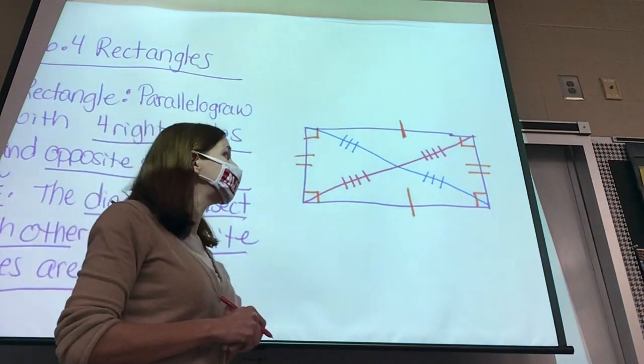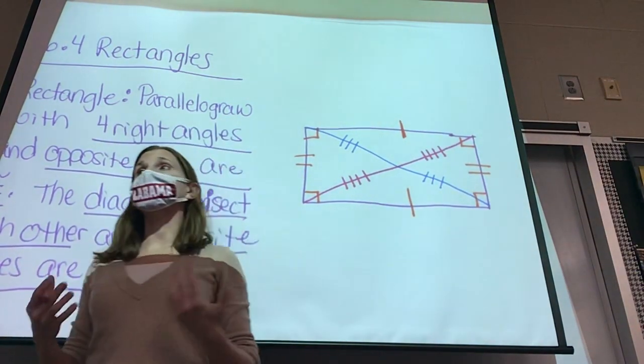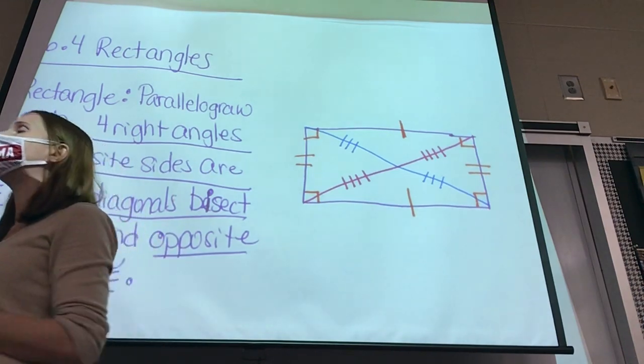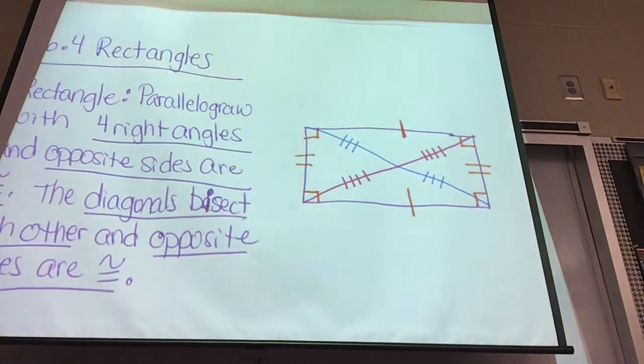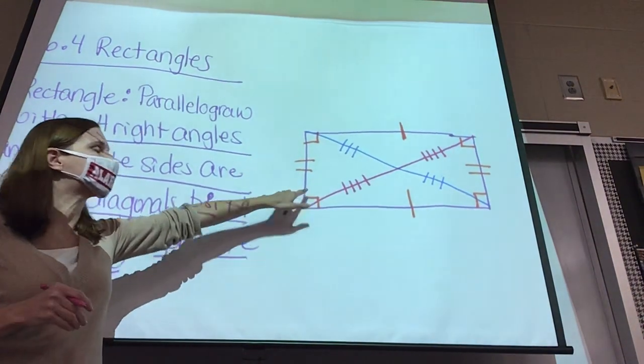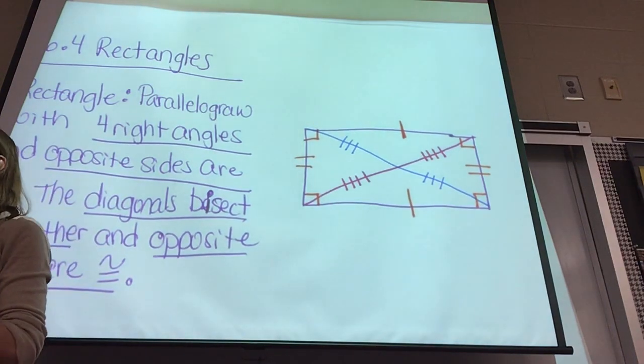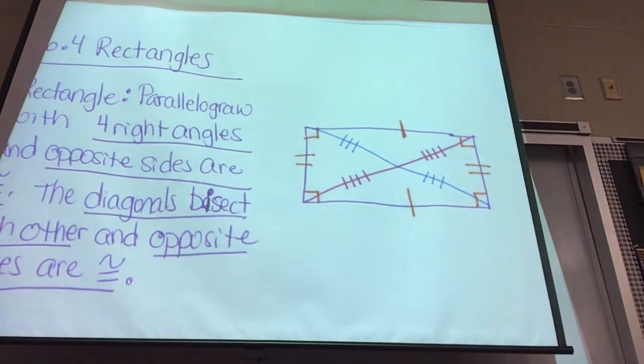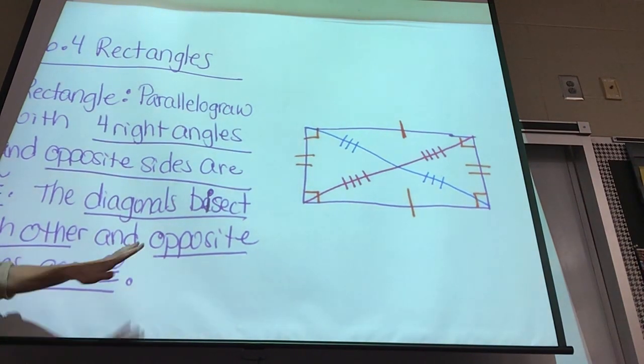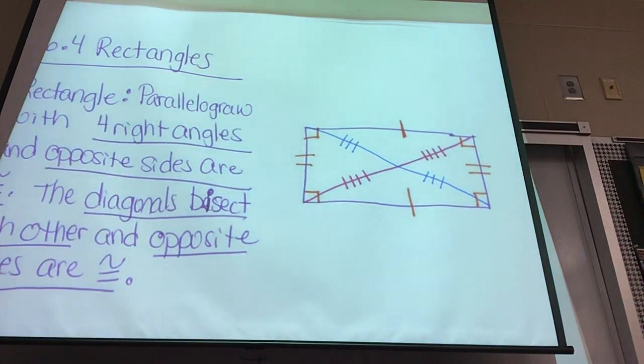Okay? So this is what it's telling me. And of course we always know that opposite angles are equal. But now we've got some of these where they're cut in 2 pieces. So we're going to have to kind of deal with this as we get to it. So any questions so far about what it's telling?